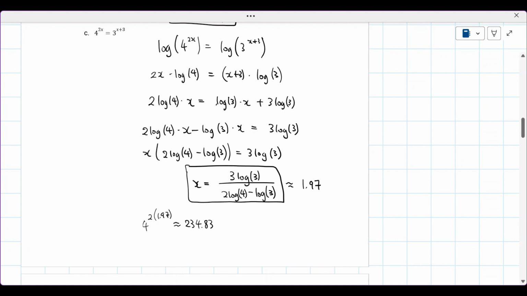And then let's also do 3 to the power of a plus 3, which is also equal to 234.83. So I know that we have found the right answer.